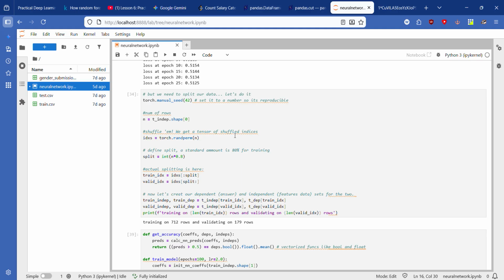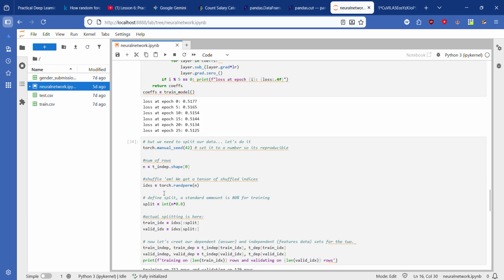As a cliffhanger for my next video, I definitely want to talk about the importance of splitting because, as you know, computers aren't random. There's no such thing as randomness when it comes to computers. It's all pseudo-random. So we have to be careful because we don't want our model to start getting too cozy with the data and then starting to memorize it instead of trying to critically think, if you will.